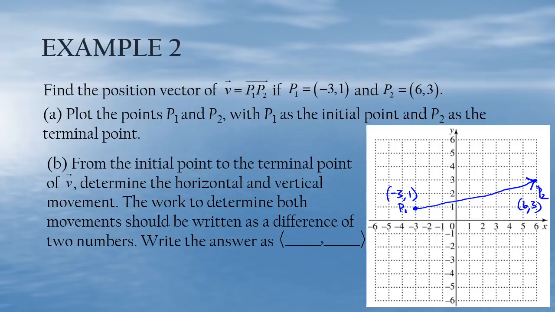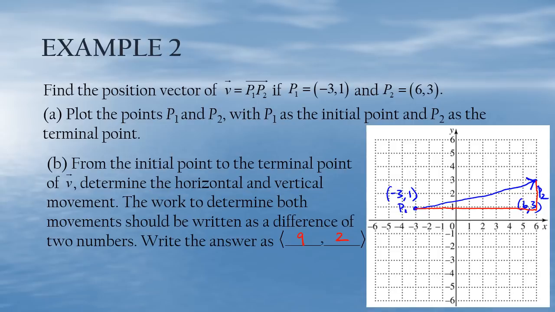To get from p sub 1 to p sub 2, I can see that I would move 1, 2, 3, 4, 5, 6, 7, 8, 9 to the right. So the first part of my component is 9. And then I would move up, it looks like 2. So the way that I could write vector v as a position vector would be (9, 2).